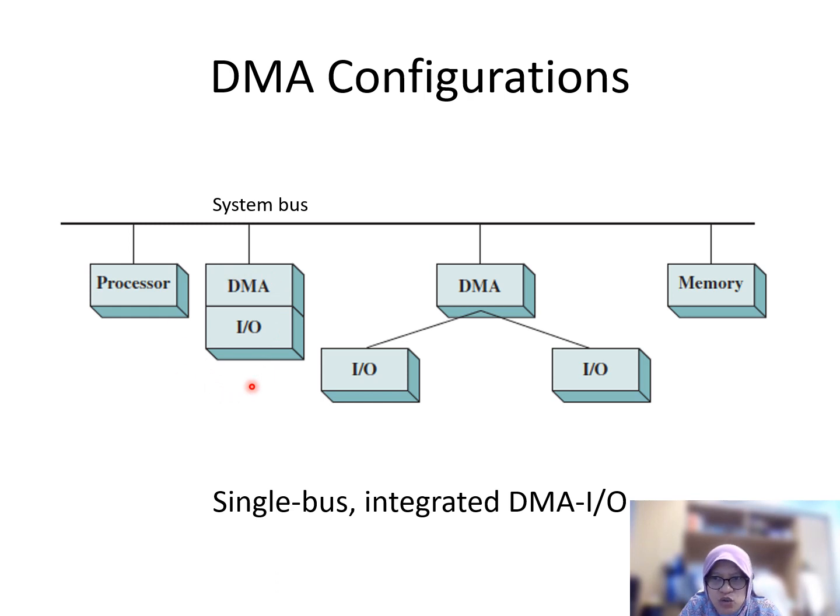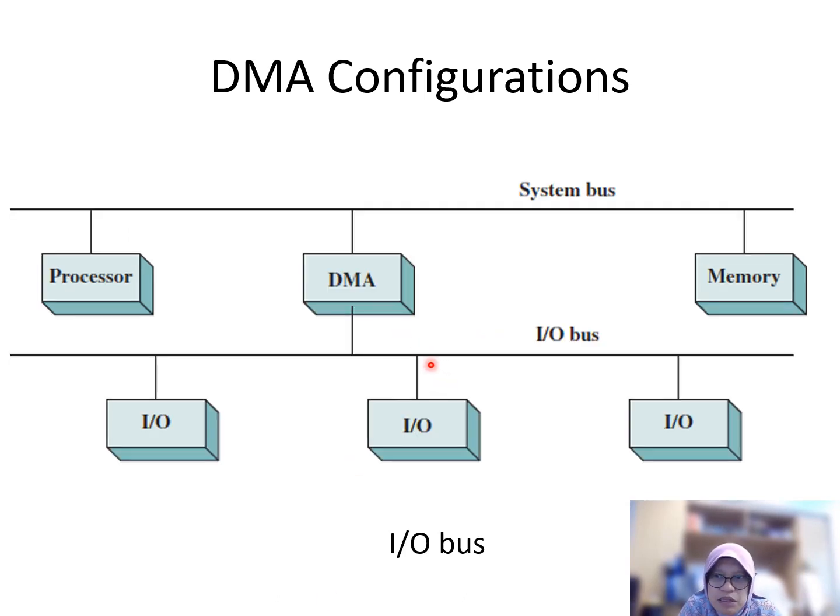The second example is that the bus cycle can be cut substantially by integrating the DMA and the I/O function. So sometimes there is a path between the DMA and one or more I/O modules, which does not include the system bus. The DMA logic may actually be part of the I/O module, or maybe a separate module that controls one or more I/O modules.